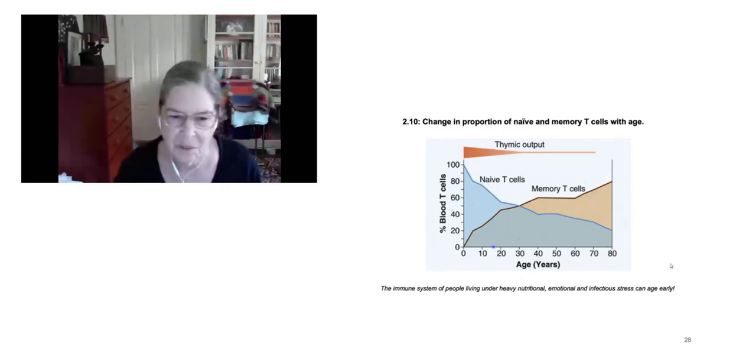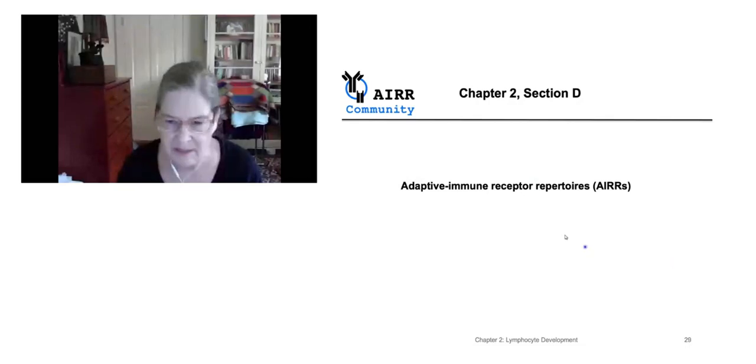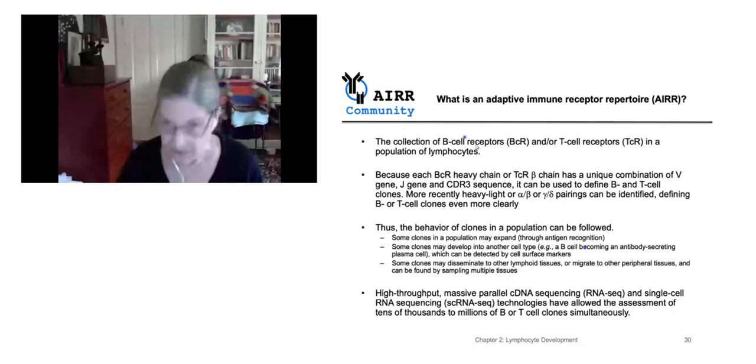This is a young immune system, and so you can actually see that, and the way you live affects that. So the final thing I want to say has to do with the adaptive immune receptor repertoire. An AIR is going to be the collection of B cell receptors or T cell receptors in a population of lymphocytes.